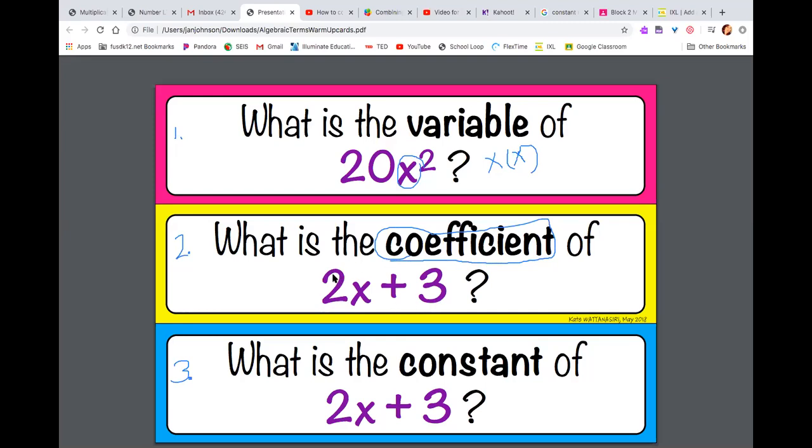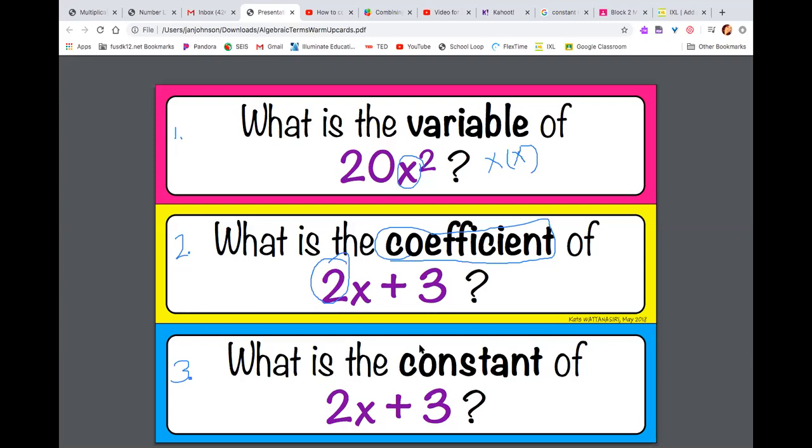Which one of these is the coefficient? Oh, here we go. One person says 2. Okay, so the number in front of the variable, yes, 2 would be the coefficient.